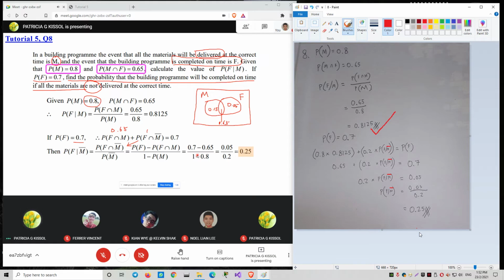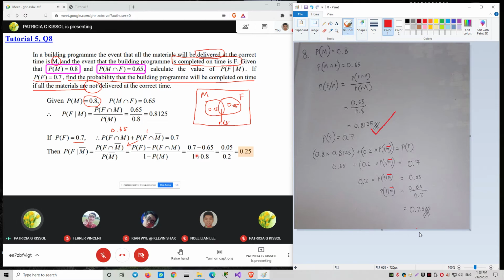But then, normally, if let's say a student didn't write the formula, I would look at your value also. You can tell that the value that you have written is following the formula, provided your value is correct.